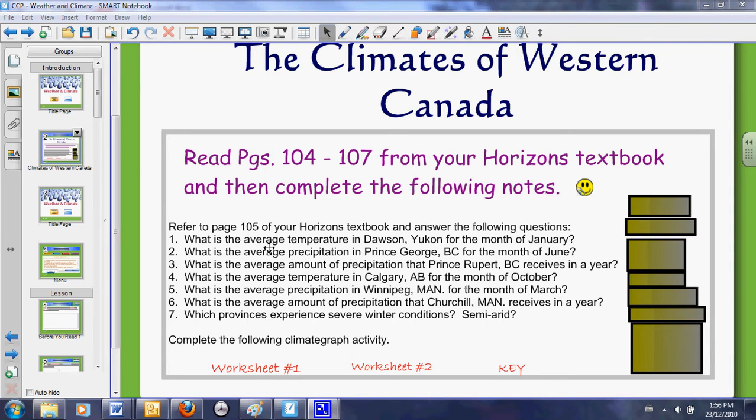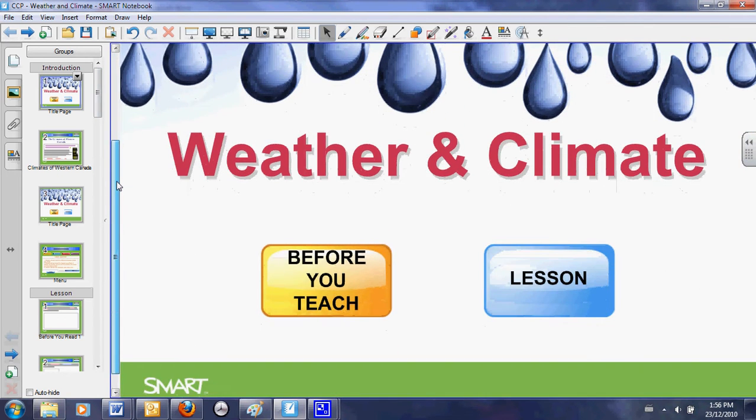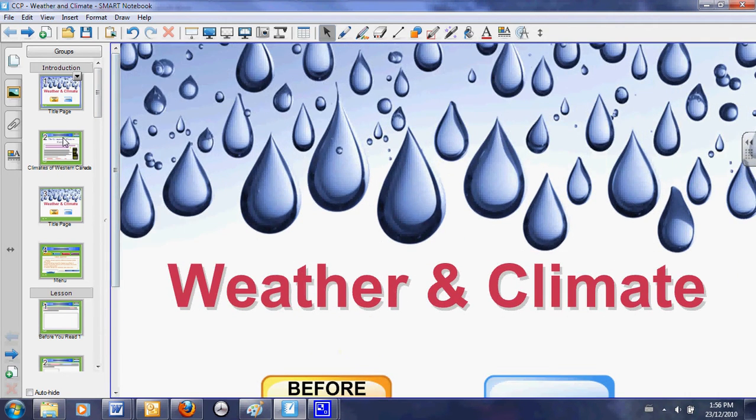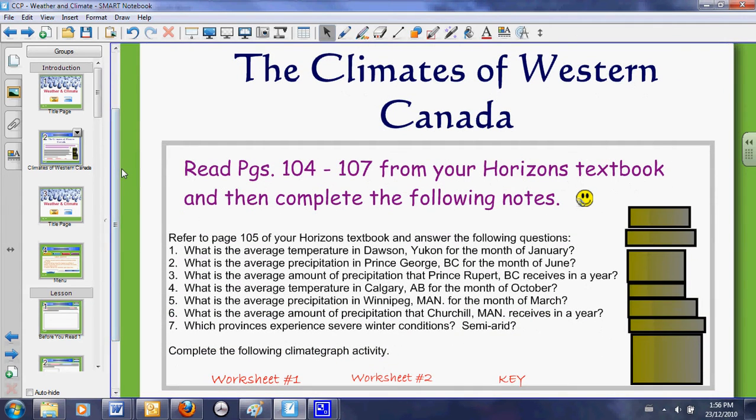So this first page here, actually I've missed the title page. There's your title page. And this is the first activity. As you can see, the first thing you need to do is to read pages 104 to 107. Please do that now.